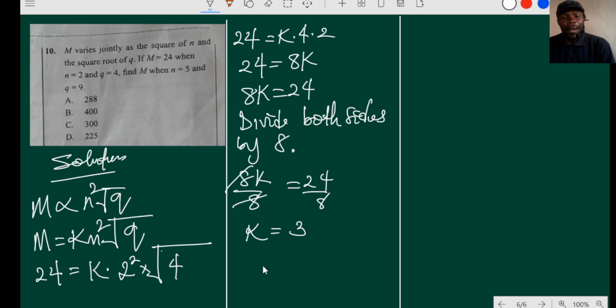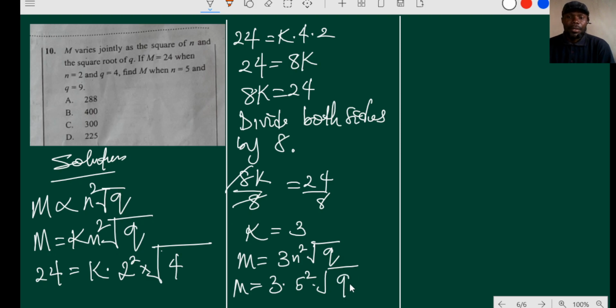So now if our k is equal to 3, they now say find the value of m, which is the formula already. m is equal to 3n squared root q. This is the relationship between them. So we now have to find m, given n is 5, so 5 squared dot square root of what is q? 9.